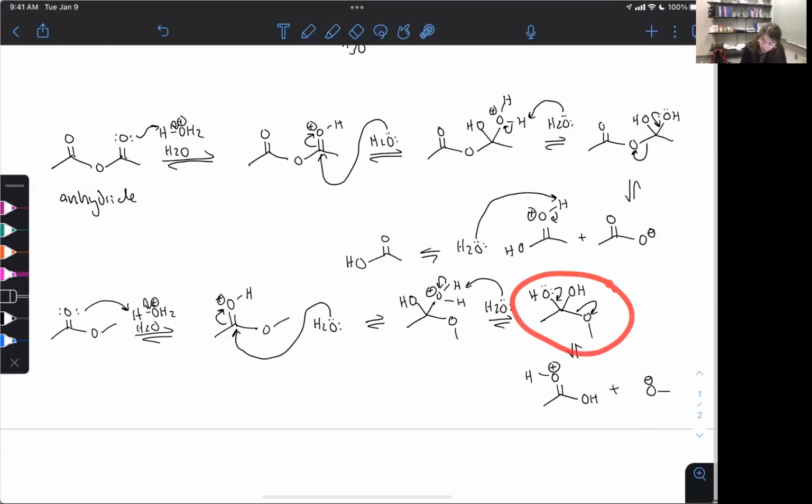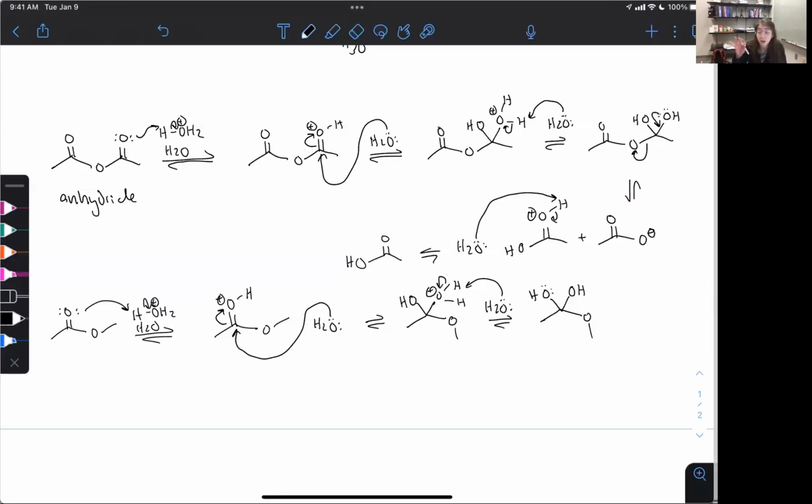So what we should do instead, if we find ourselves trying to kick off a leaving group that looks like it should not belong in acidic conditions, is just protonate it ahead of time. So I'm going to do a little bit of erasing here. Let's erase that. Okay, so instead of kicking that off right now, let's go ahead and protonate this oxygen first.